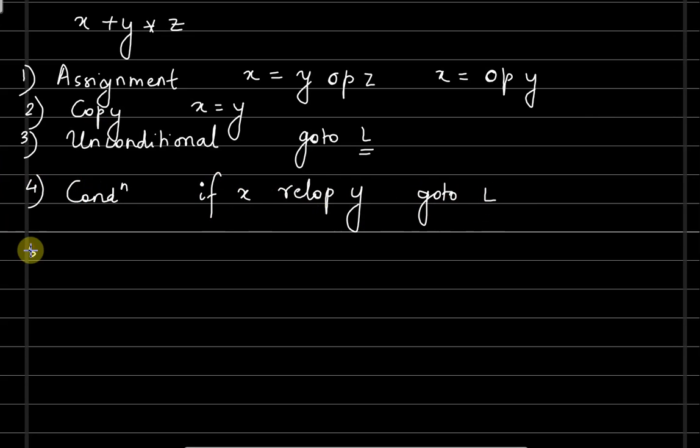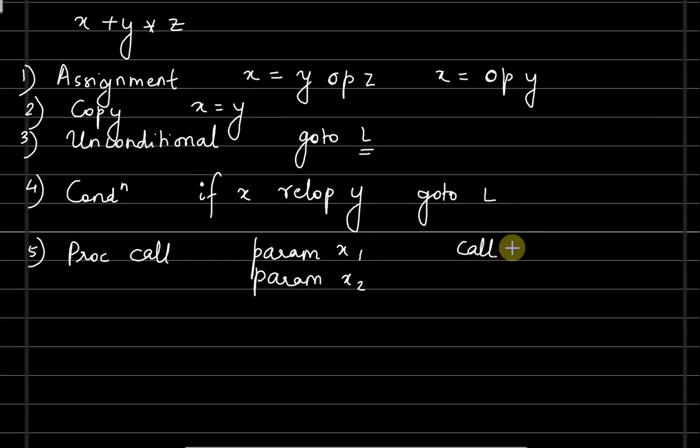Then we can have procedure call, wherein we write the parameters first, say param x1, param x2. So these are two parameters for that function, and call p comma n indicates that p is the procedure name, n stands for the number of parameters. So if the number of parameters in your procedure call is 2, the code is call procedure name comma 2.